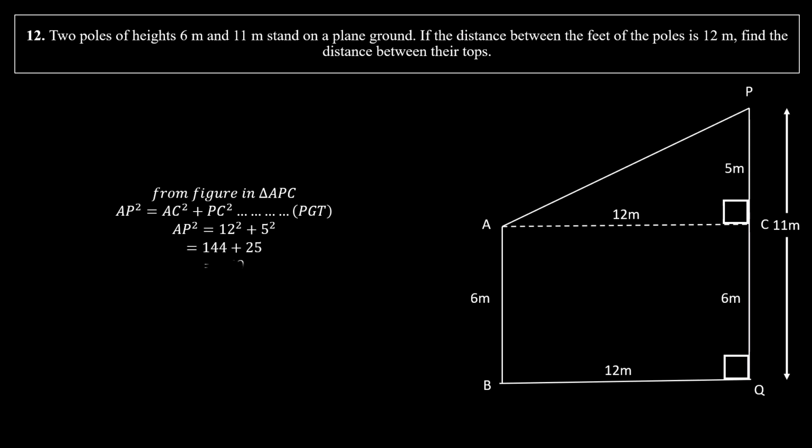On simplification it gives us 144 plus 25, that is 169, or AP is equal to under root 169, that is AP is equal to 13 meter. So the distance between the tops of the two poles is 13 meter. Now see how easy the question becomes after the diagram. So let's take the next question.